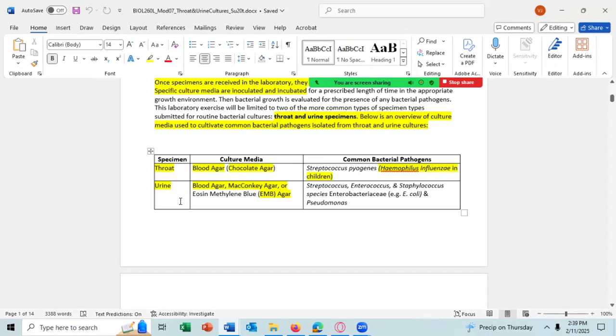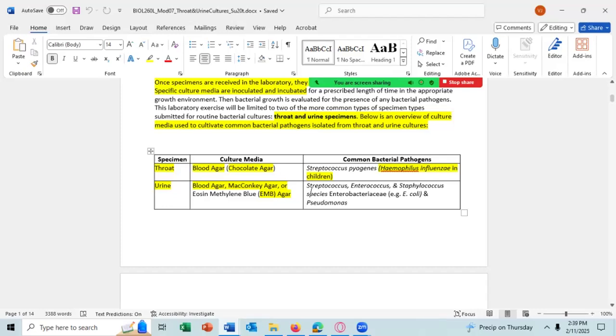All right, for urine specimens, we grow them always on blood agar and then McConkey's agar or eosin methylene blue agar, or EMB. So this one is always on blood agar, but either on McConkey's agar or EMB. McConkey's agar and EMB, if you don't remember, grow gram negatives.